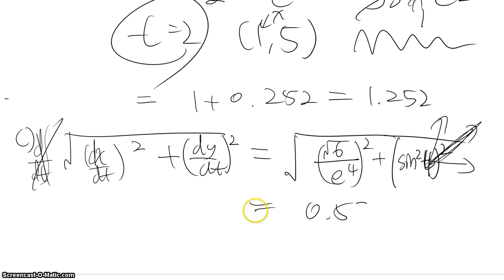So I get 0.575, and it also asks me to find the acceleration vector of the particle at time t equals 4.